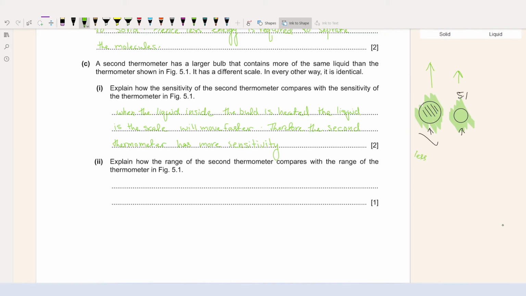We can write down for our answer the range for second bulb will be less as small change in temperature will expand the liquid more.